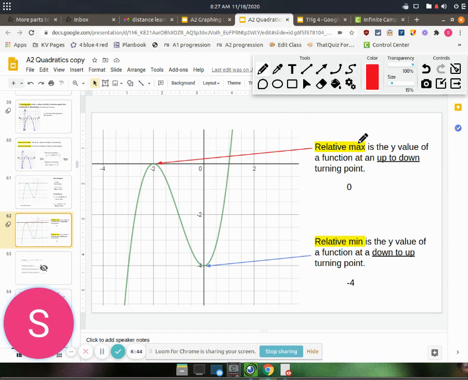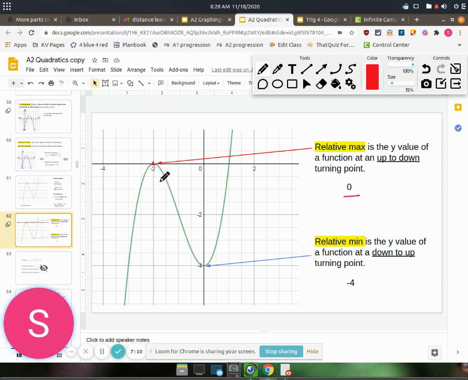All right, your relative max or your relative min. Turning points are the x values where it goes from increasing to decreasing or from decreasing to increasing. The relative max or the min is the y value at that turning point. So the y value at that spot would be 0, because it's up and down 0.